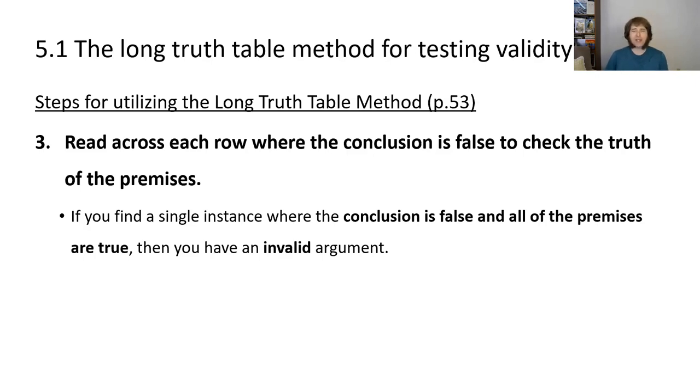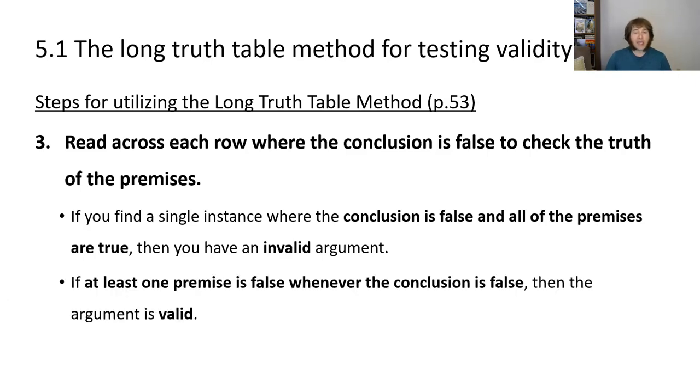That's exactly what this is. If you find an instance where the conclusion is false but all the premises are true, you found at least one place, one time, where the truth of the premises doesn't guarantee the truth of the conclusion, so the argument is invalid. Now, if you can't find that, if every time you find the conclusion is false in some given row, there's always at least one premise false, then the argument is valid.